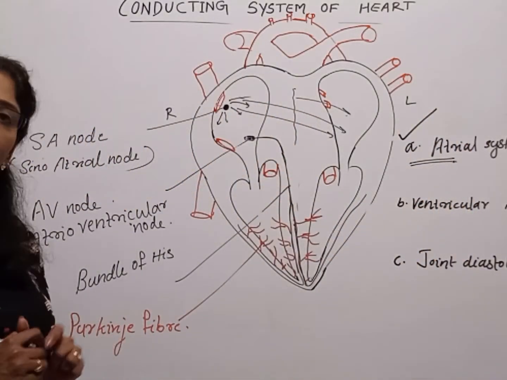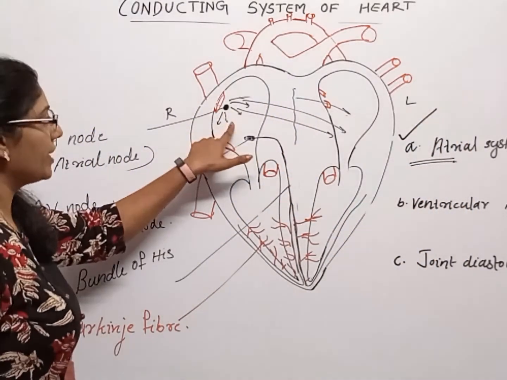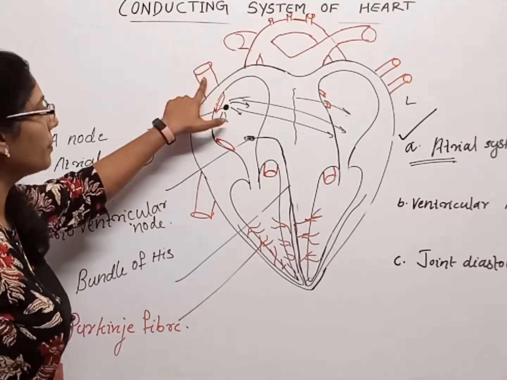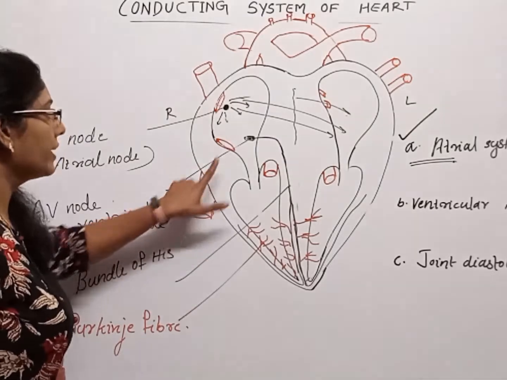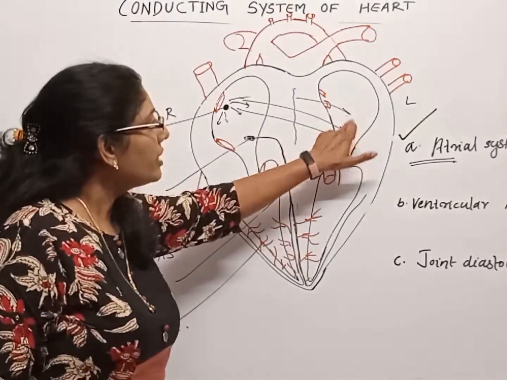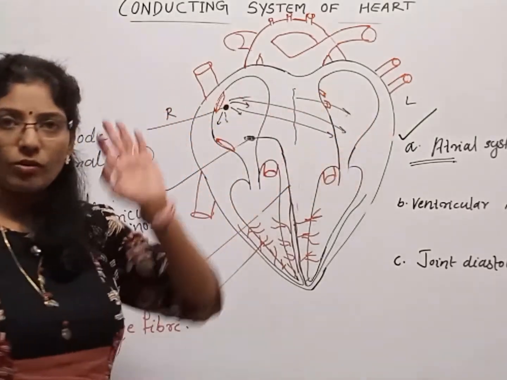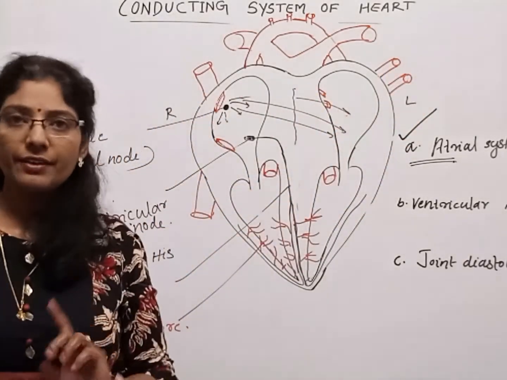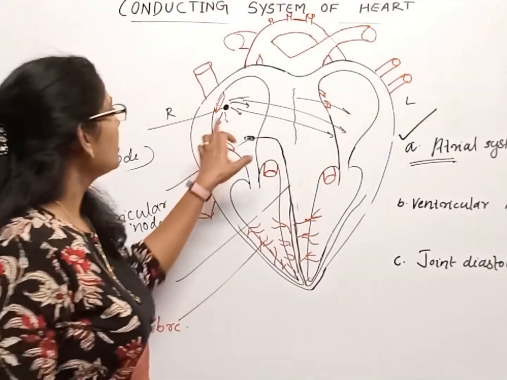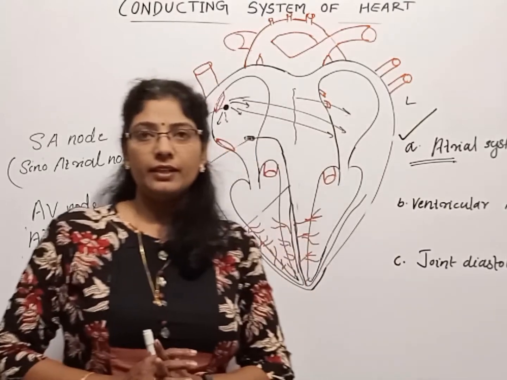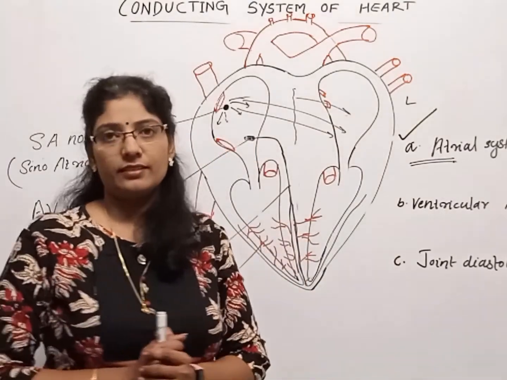We have already studied that right atria will receive the deoxygenated blood from superior vena cava, inferior vena cava and coronary sinus. Left atria will receive the oxygenated blood from two pairs of pulmonary veins. When these two atria are completely filled with the blood, a pressure is exerted.